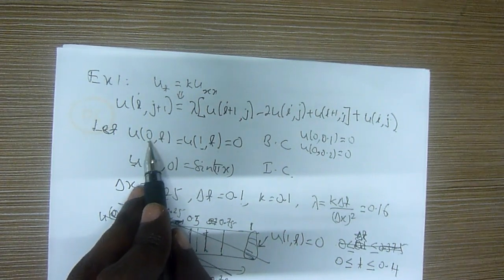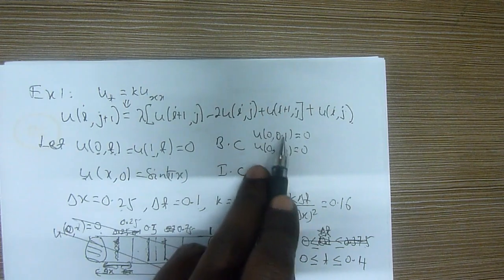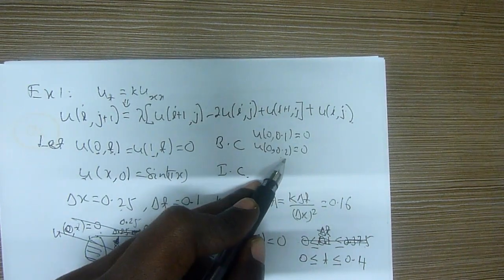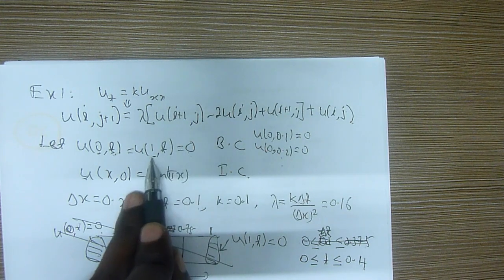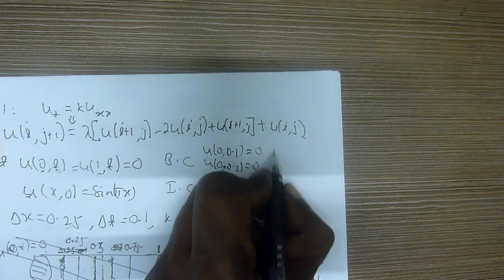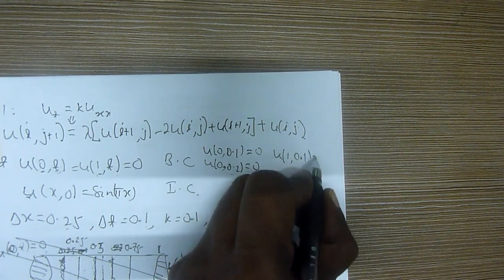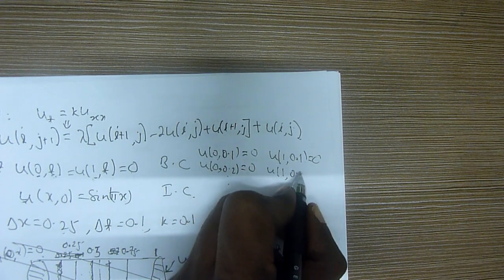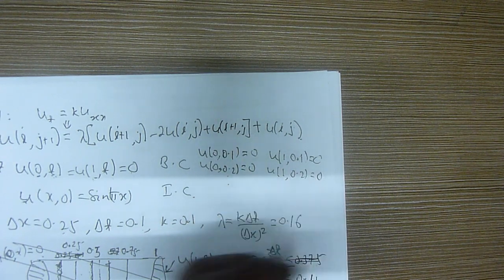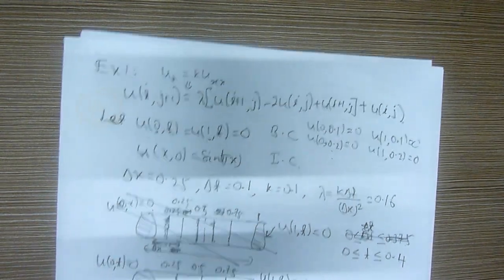Can you see that? t can be anything, 0.1, 0.2, 0.3, 0.4, whatever. Still, it must comply. If you want 0.1, it must be 0. You want 0.2, it must be 0. The boundary condition is very clearly stated.